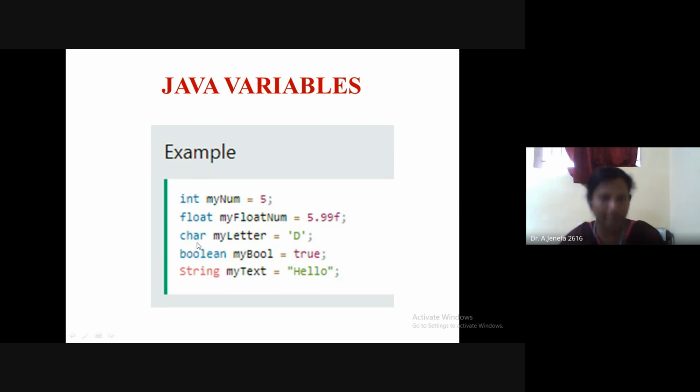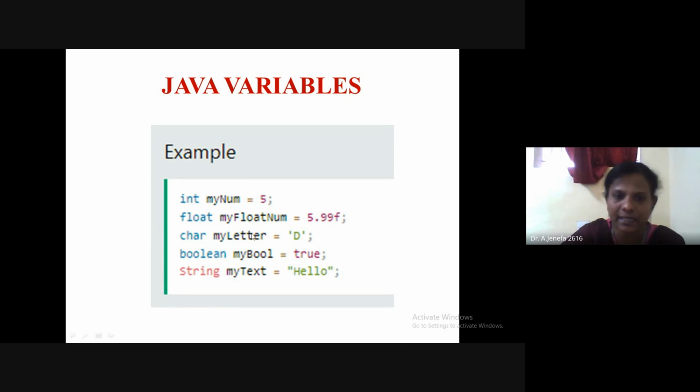It will hold only a single letter, a single character. Whether string values or character values are assigned to a variable, they should be enclosed with single quotes or double quotes. If it is a string value, it should be enclosed with double quotes. If it is a character, a single alphabet, then it should be enclosed with single quotes.